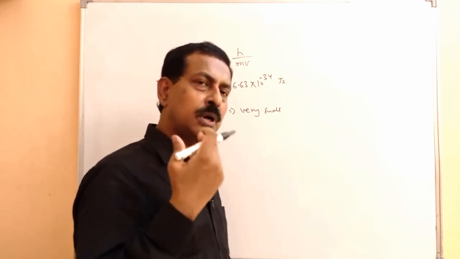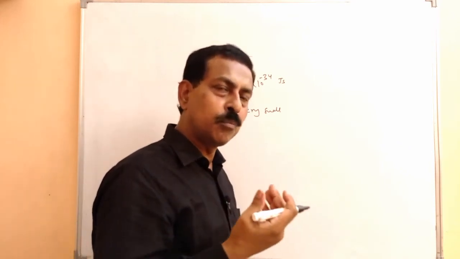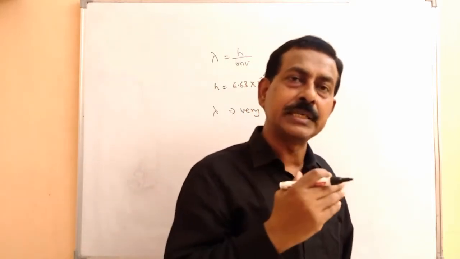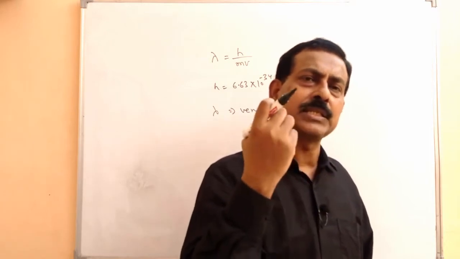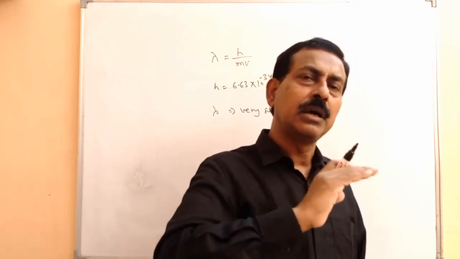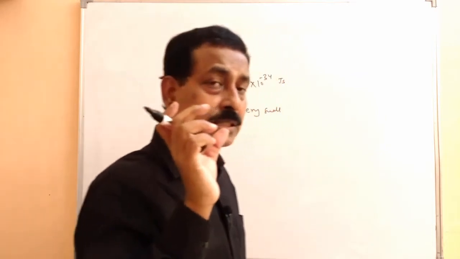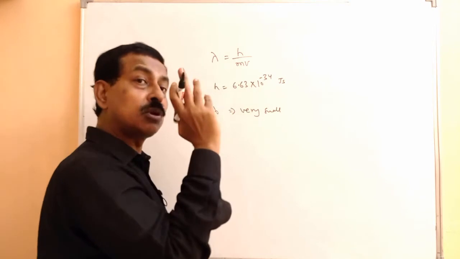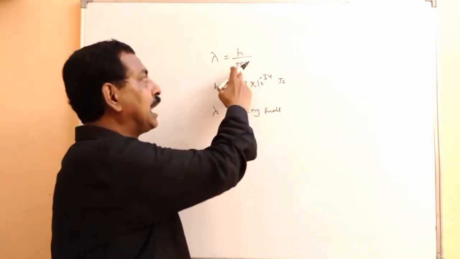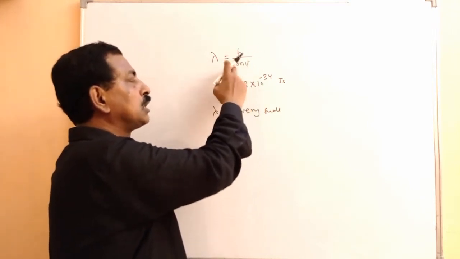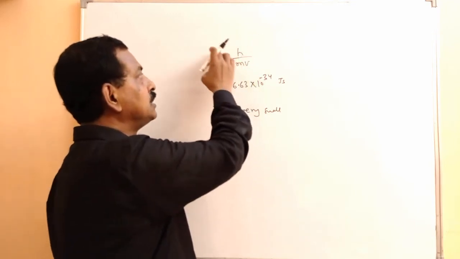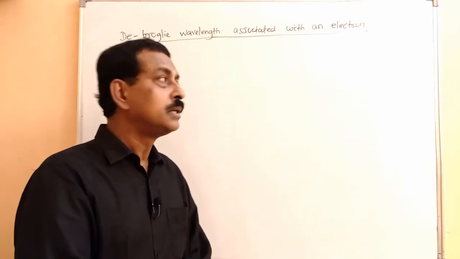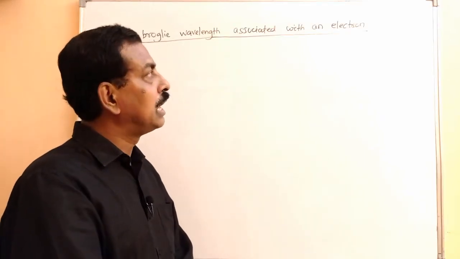So experimentally we can measure it for small particles like electrons, because they move at such high velocity and their mass is very small, so the denominator has such a value that lambda is in a measurable quantity. Let's now take the de Broglie wavelength associated with an electron.